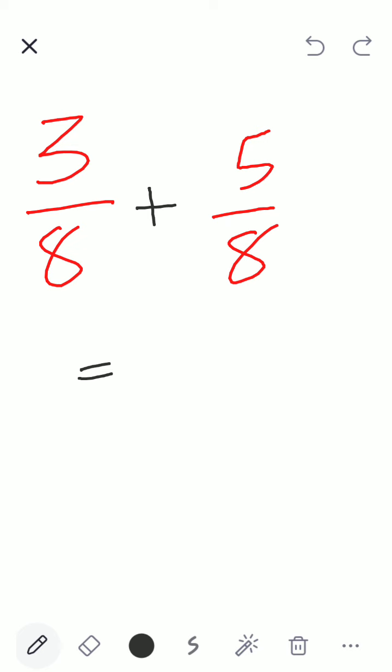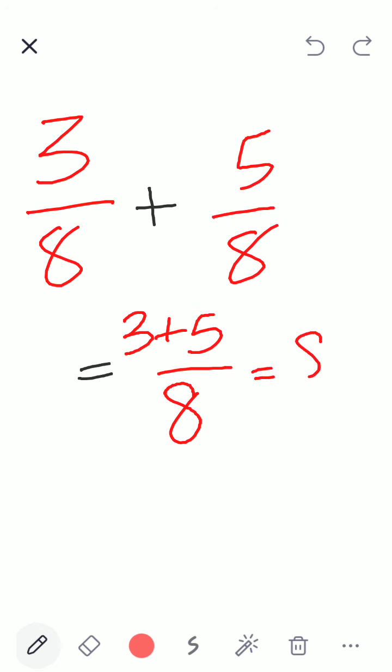These are like fractions. So straight away you will keep the denominator same and add the numerators, so you will get 8 by 8. Clear? Simple children, very simple, nothing complicated here.